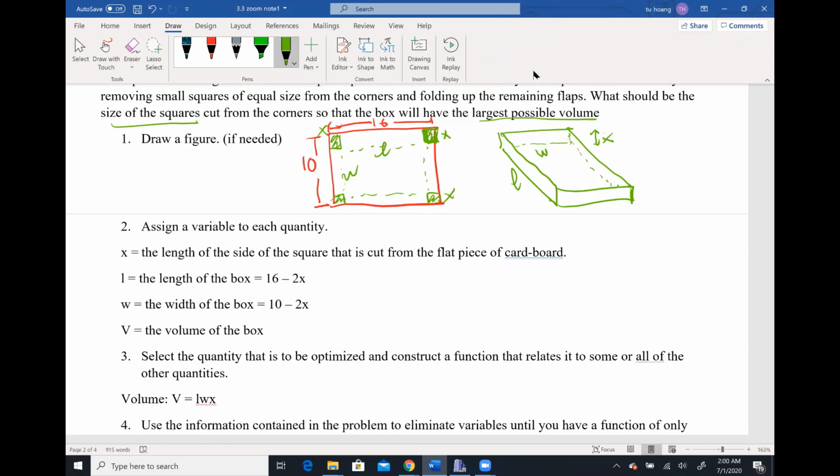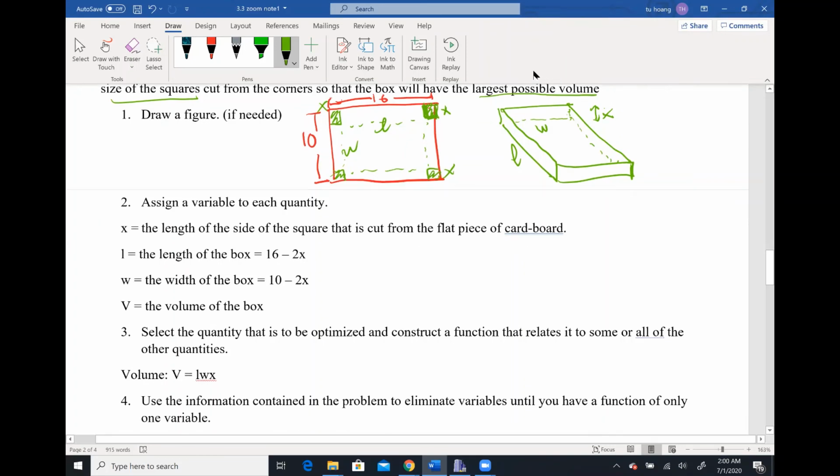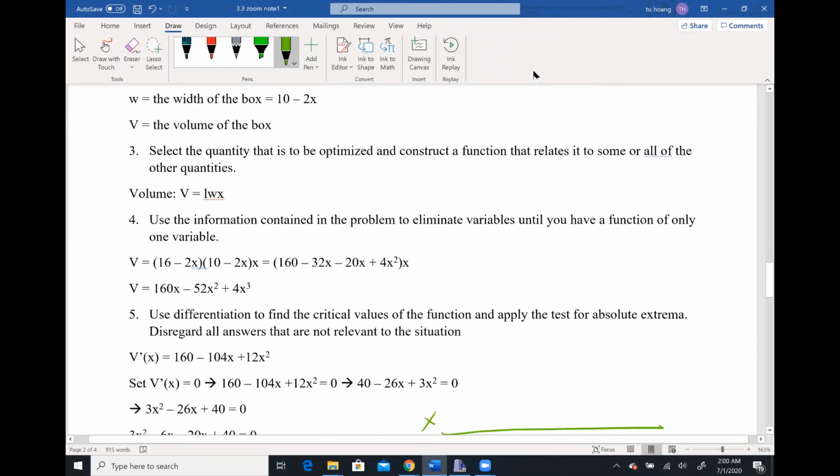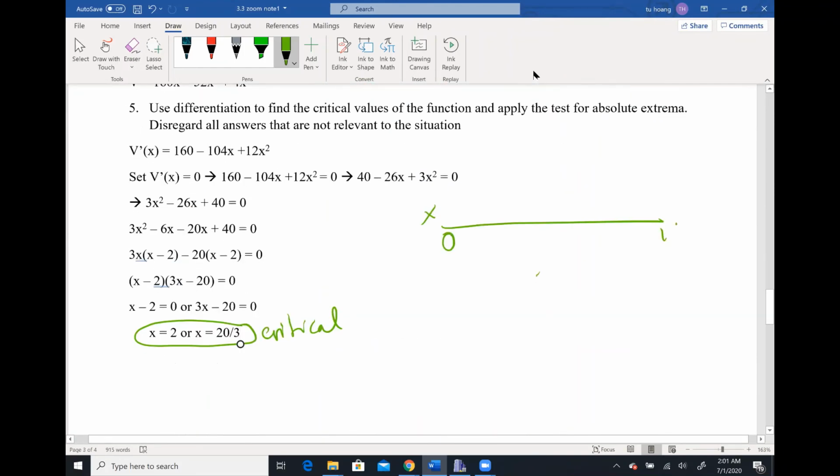And x should never go up to 10, because if you go up to 10, then you cut the whole area. That doesn't make sense. So I will say x from 0 to 10 only. And then the critical values are 2 and 20 over 3.